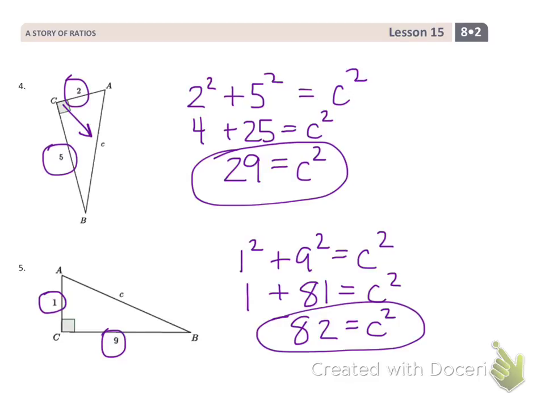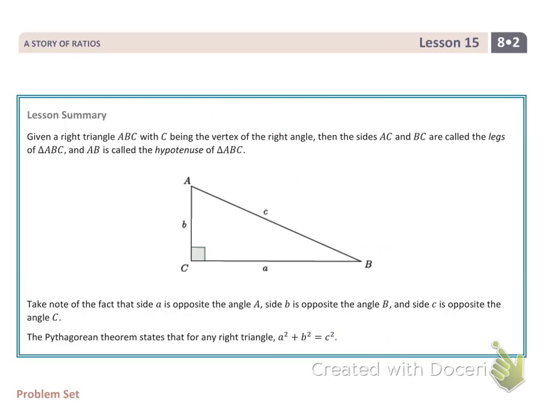Okay, let's summarize what we've learned. Okay, so we've learned some vocabulary that goes along with these right triangles. So I have this right triangle, ABC, here. C is the vertex of the right angle. The sides AC and BC are legs. So this is a leg, this is a leg.